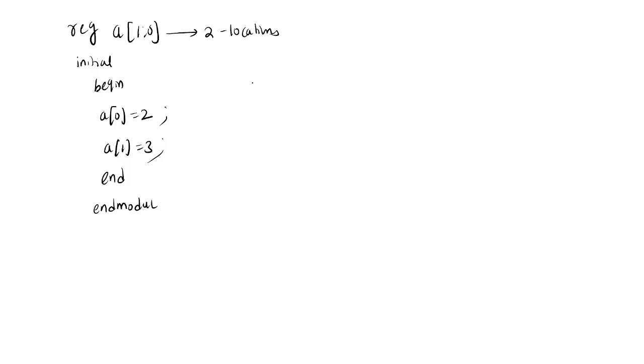So two locations will be formed. This is the 0th location and this is the first location. In the 0th location 2 will be stored, and in the first location 3 will be stored. Is it fine? Like this, we need to store.